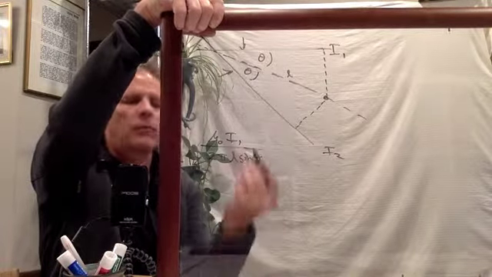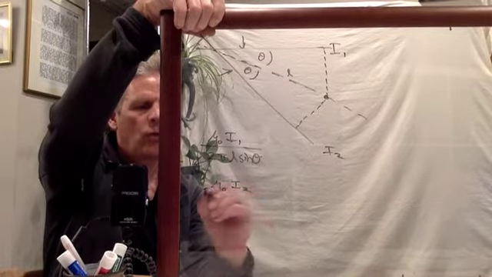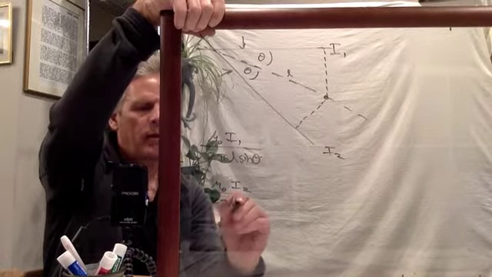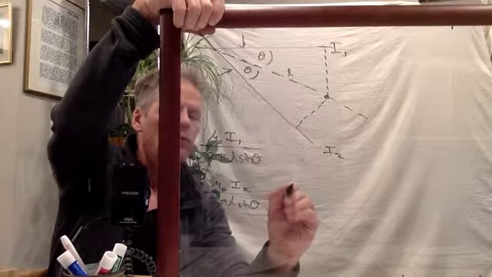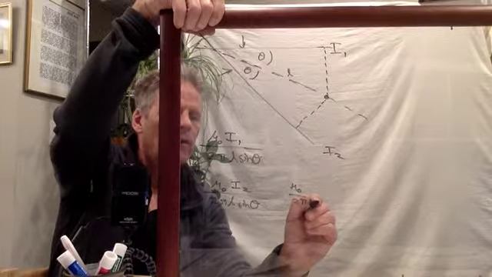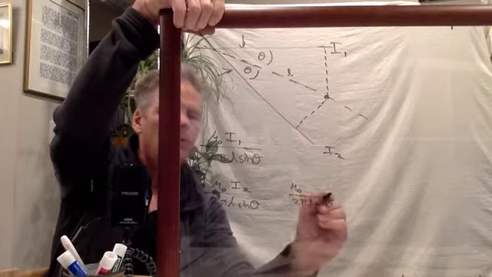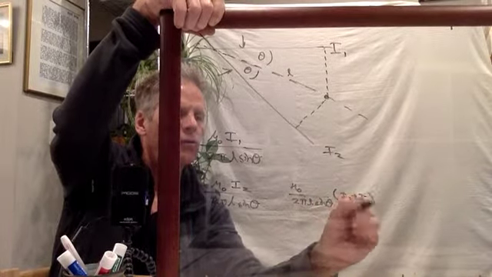No, it's exactly the same. So what do we have? We have mu 0 I2 over 2 pi L sine theta. And what's our total? It is just mu 0 over 2 pi L sine theta times I1 plus I2. And done.